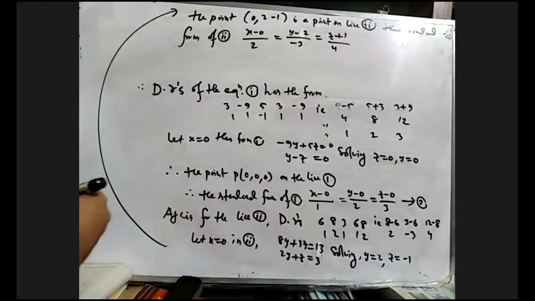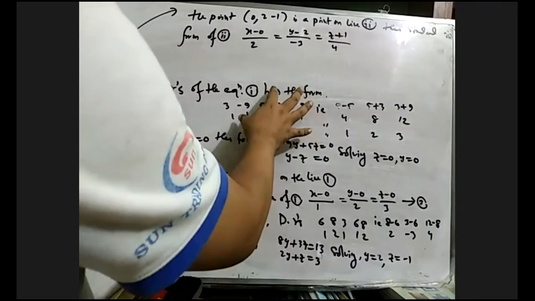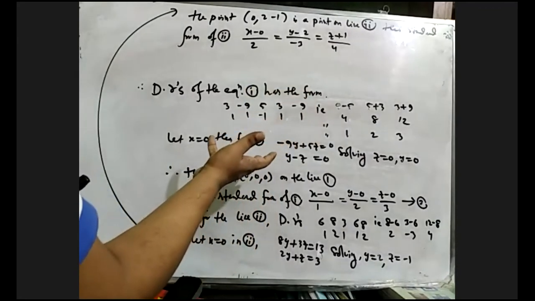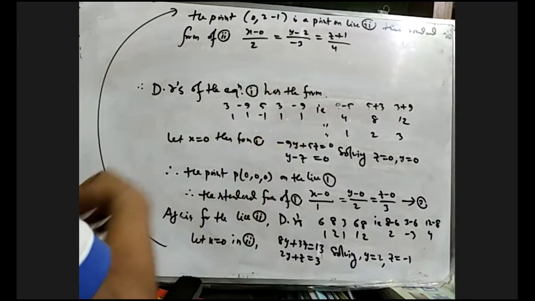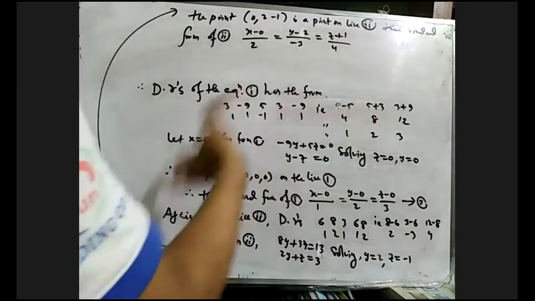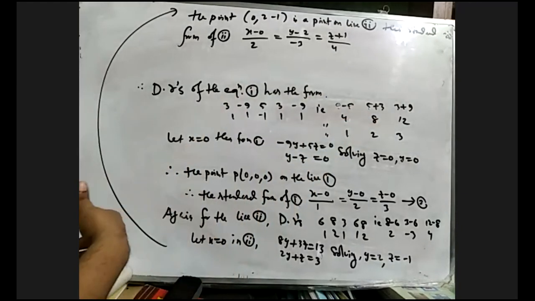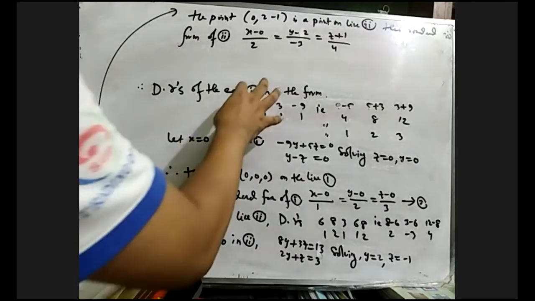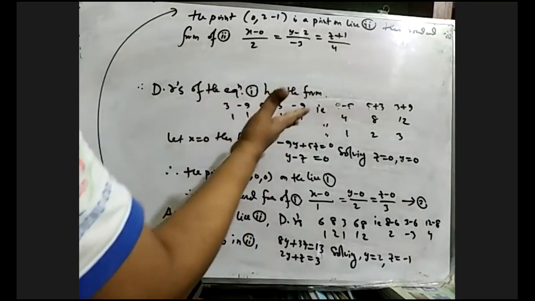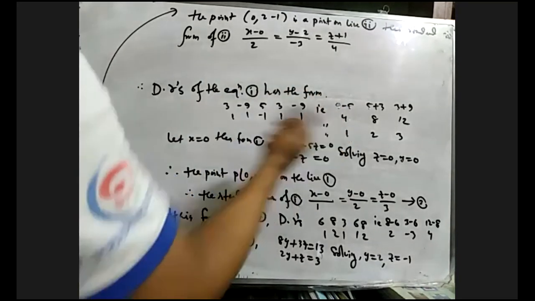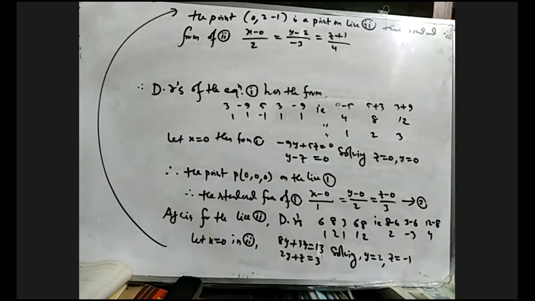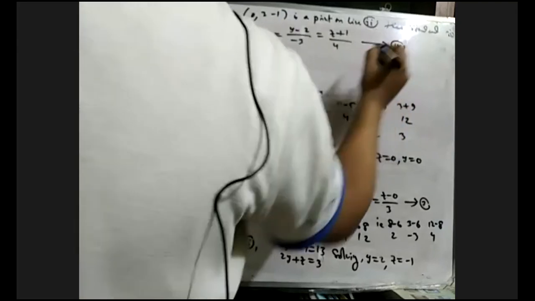We can use this process. We can also use the cross multiplication process to get these direction ratios. I have solved in earlier examples, so you can use the cross multiplication method also to find the direction ratios. So this is equation number 4.